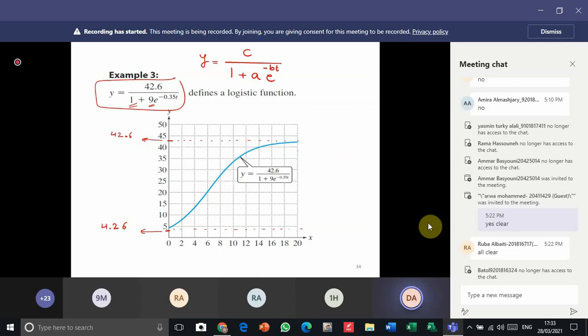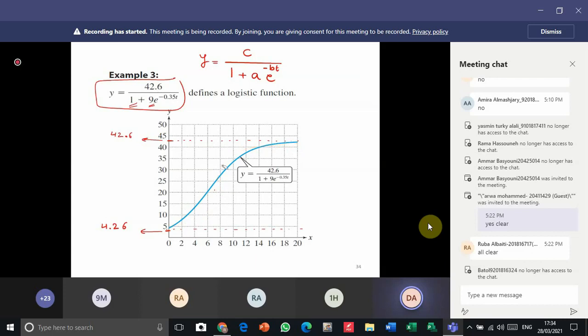If we make the b small, for example b equals 0.01, we have a curve like this. But if b is big, we have a curve like this, when b is large.